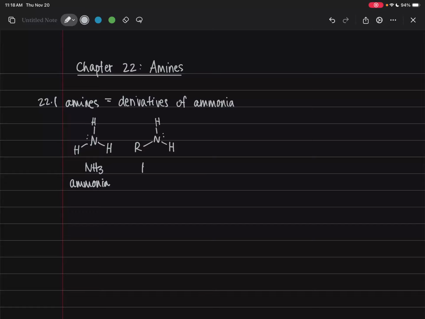So this is NH2R, and so this is a primary amine. We add another R group. So now we have NHR2.